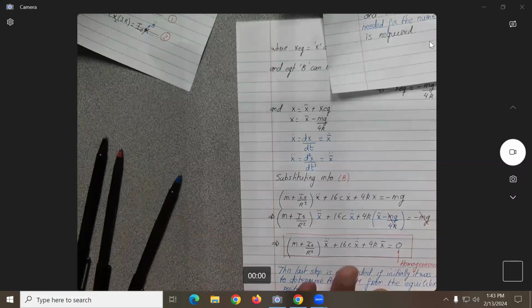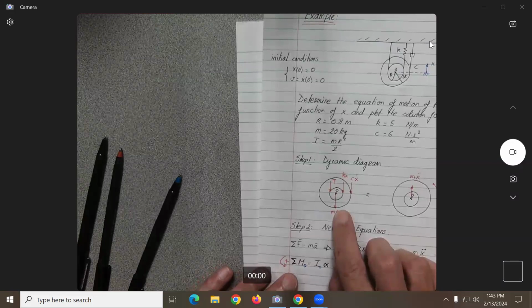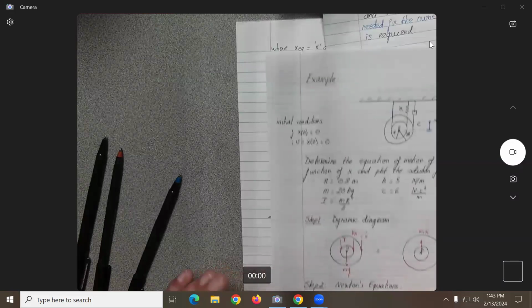Do you understand this? Basically, the only thing we need to do is the same procedure. The only thing you will be removing is the mg, no? Okay, but if you want to do it, it's fine.